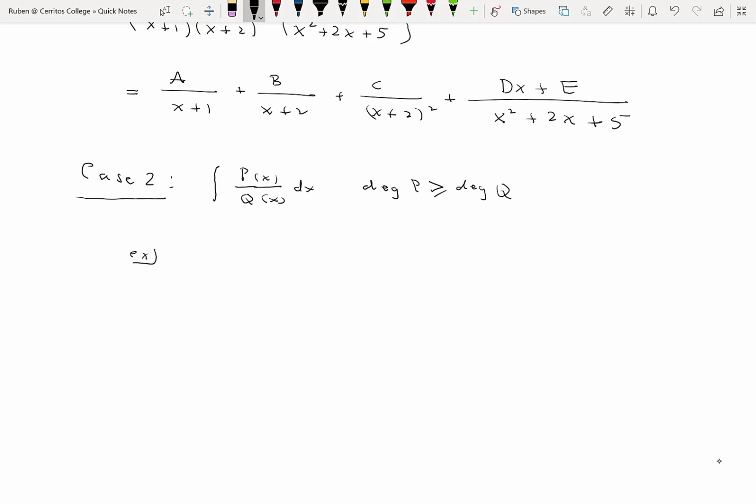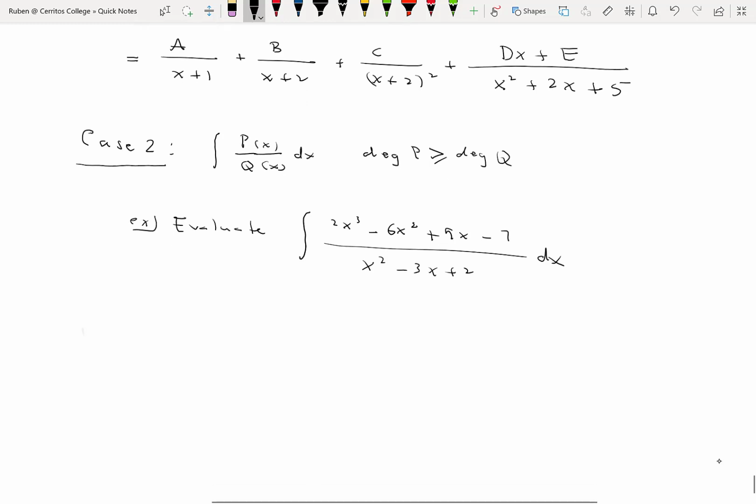So, example: evaluate the integral of 2x cubed minus 6x squared plus 9x minus 7 all over x squared minus 3x plus 2 with respect to x.